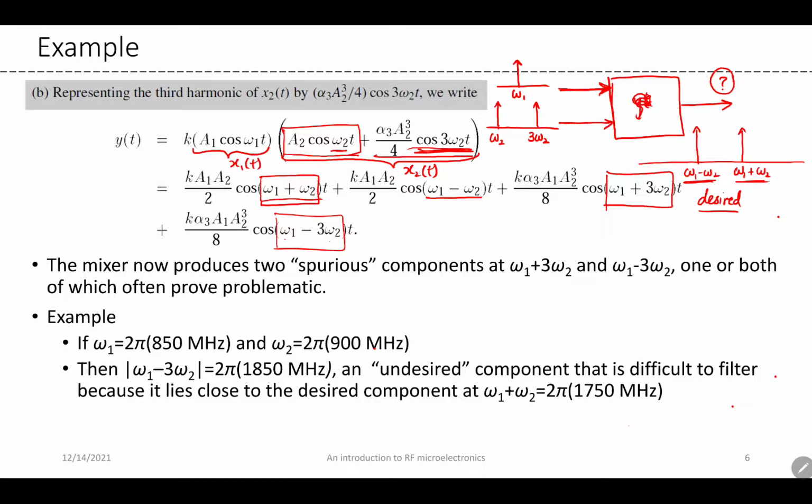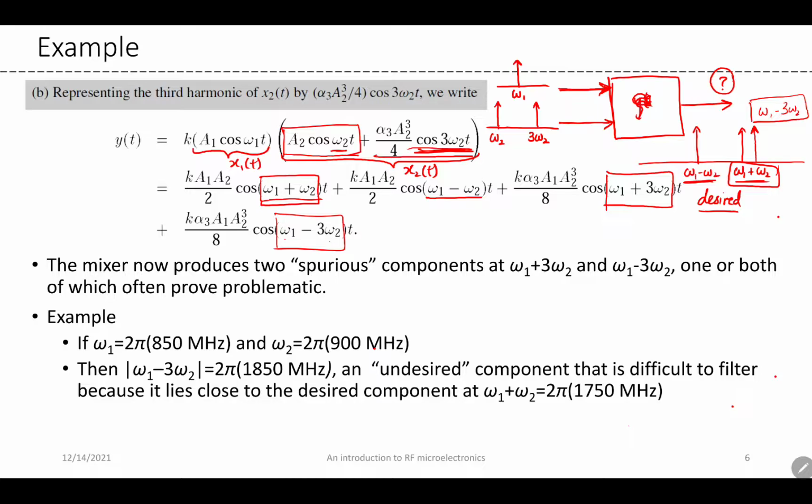We will see that the omega 1 minus 3 omega 2 signal will be very close to the omega 1 plus omega 2 signal.